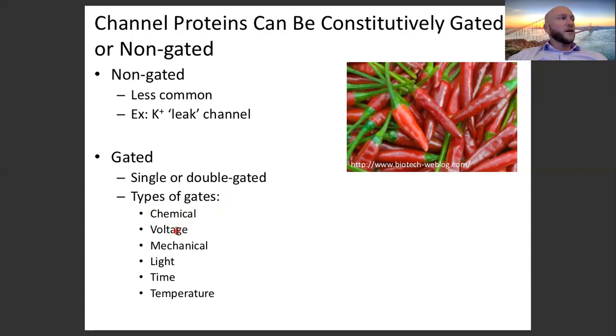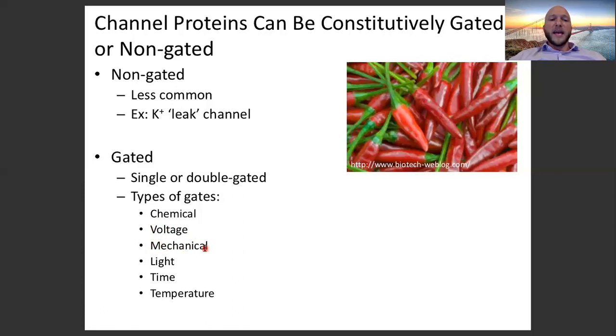Voltage. This is what I was talking about earlier, where there could be more positive charges outside, more negative charges inside. The amount of voltage difference from the inside to the outside of the cell can affect the opening and closing of channels. Mechanical. These would be in your receptors that sense touch.